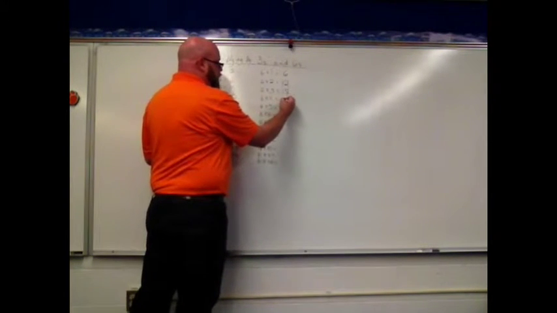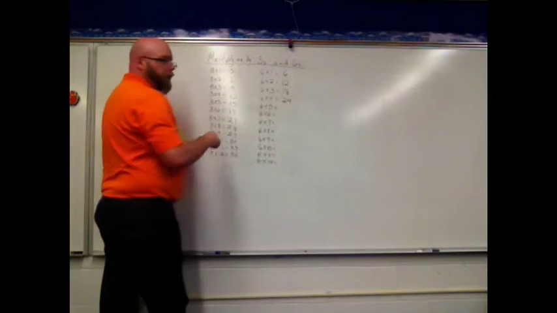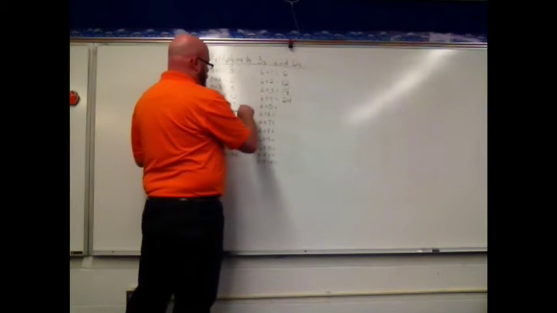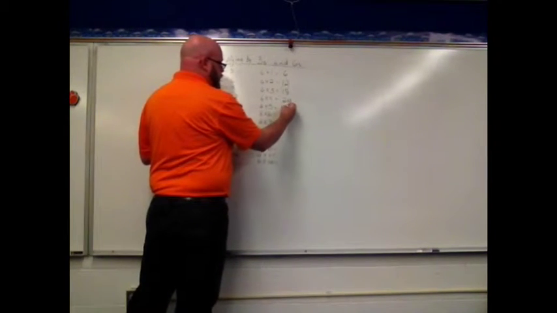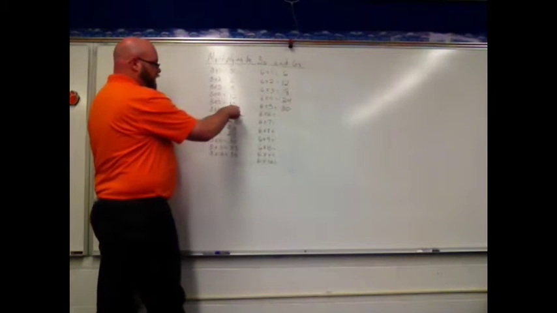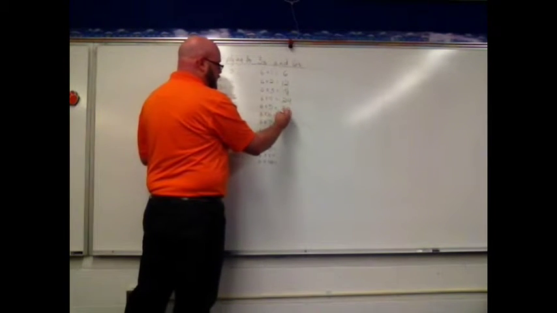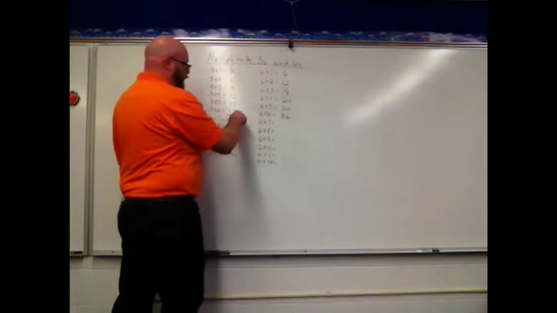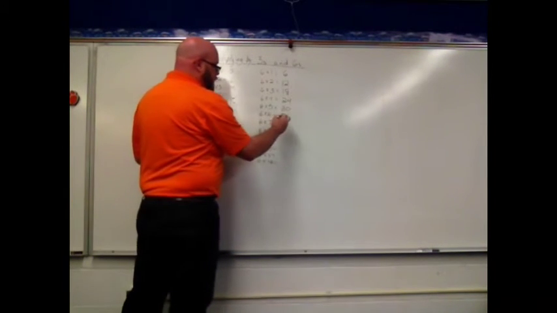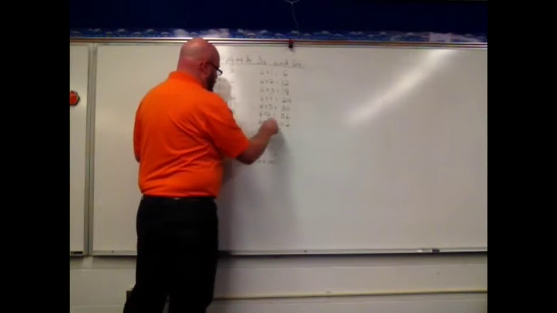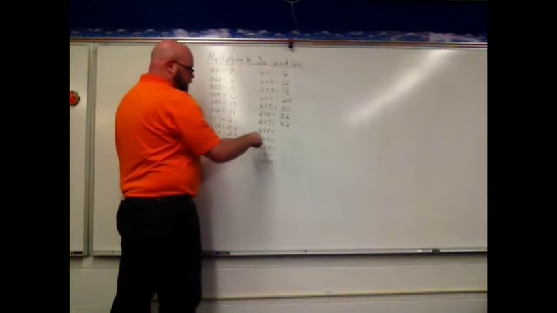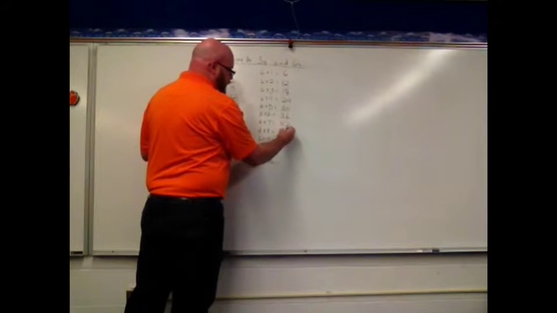6 times 4 is 24. 24 is double 12. 6 times 5 is 30. 30 is double 15. 6 times 6 is 36. That's double 18. 6 times 7 is 42. That's double 21. 6 times 8 is 48.